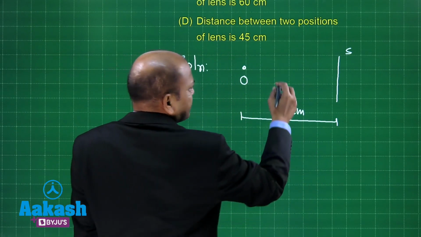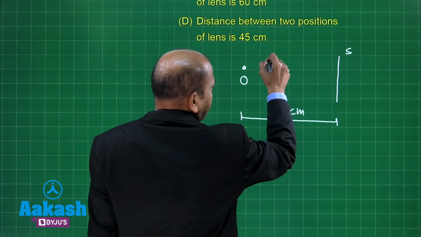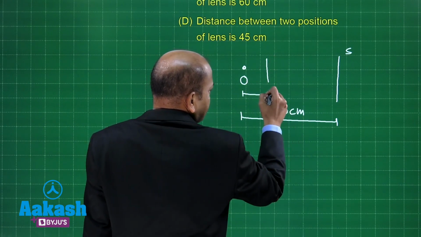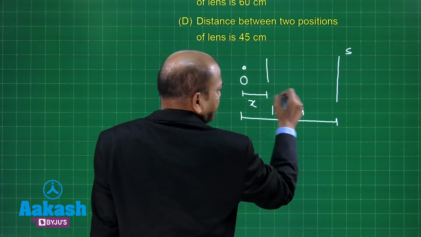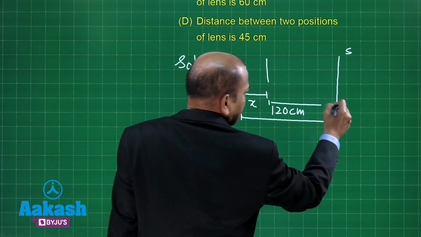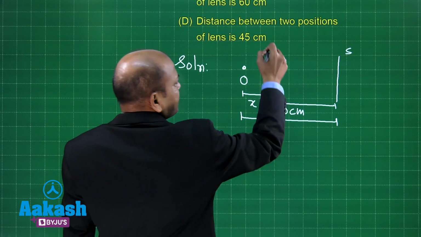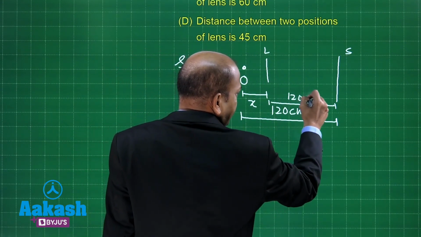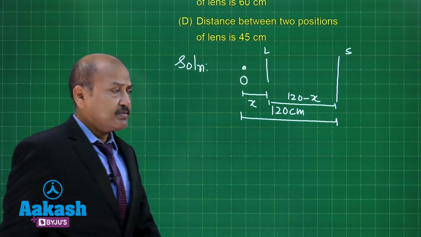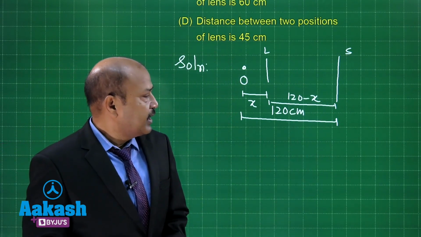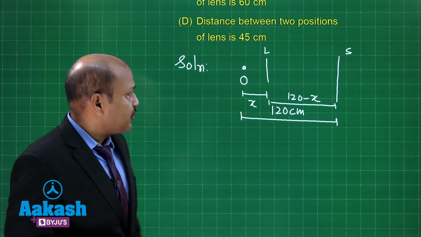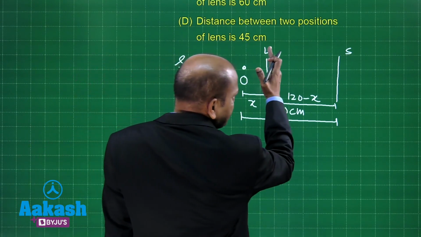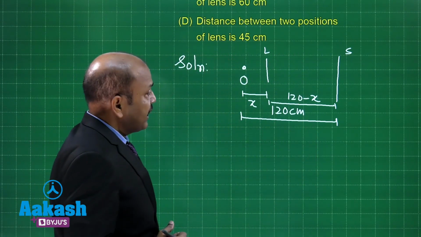Let us say that the first position of the lens is somewhere here, so that this distance is x and the distance of the lens from the screen becomes 120 minus x centimeter.